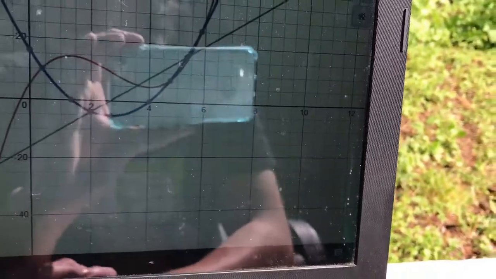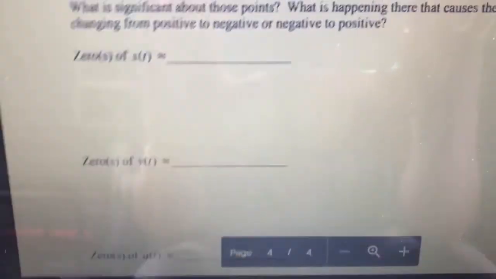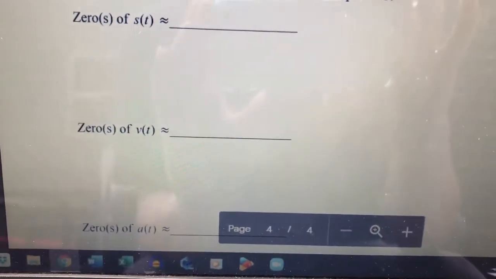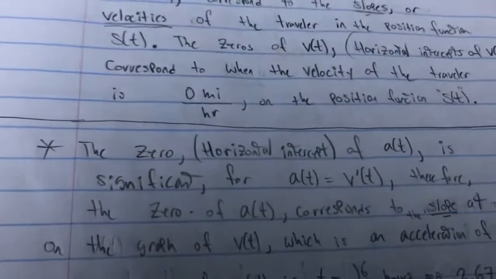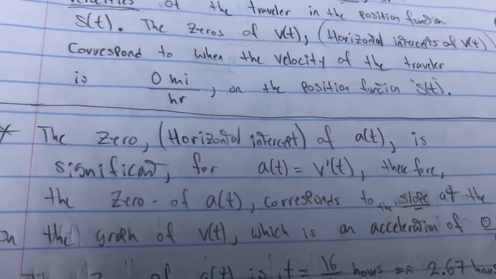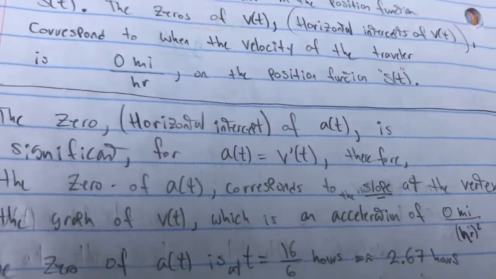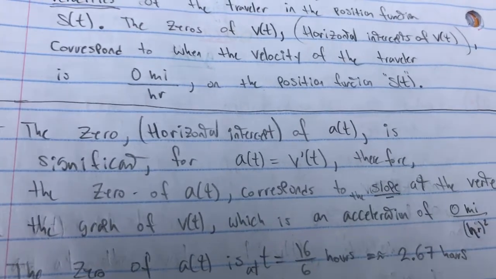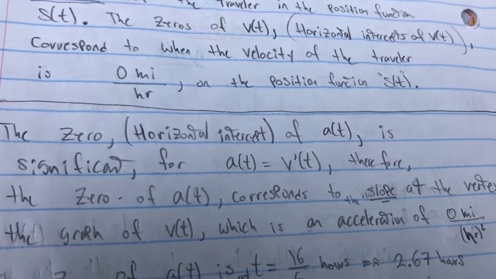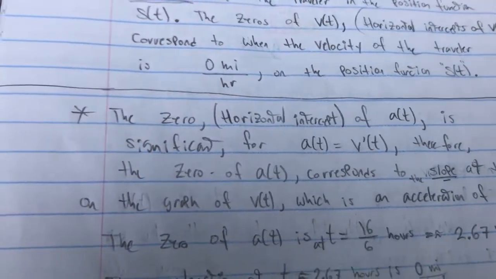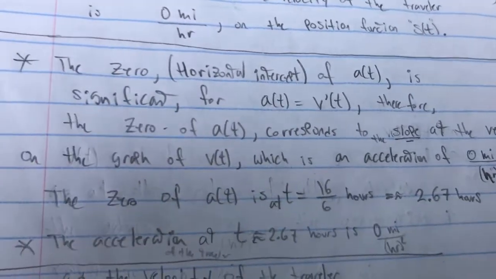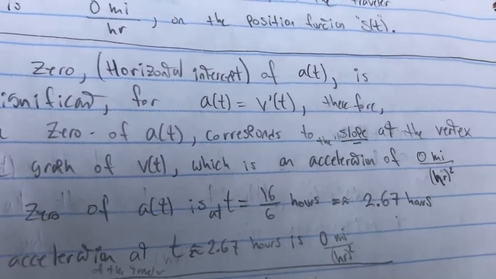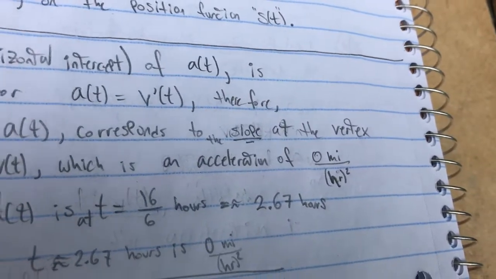Now, if we look at the third one, acceleration. So the zeros of the acceleration function, are they significant? The zero, horizontal intercept, of the acceleration function is significant because the acceleration function a of t is equal to the derivative of the velocity function v of t. Therefore, the zero of a of t corresponds to the slope at the vertex on the graph of v of t, which is an acceleration of 0 miles per hour squared.